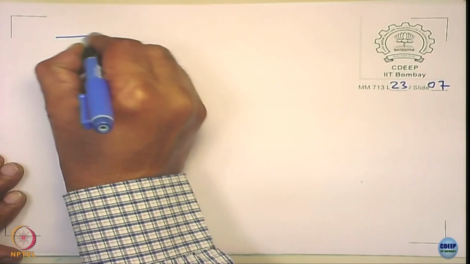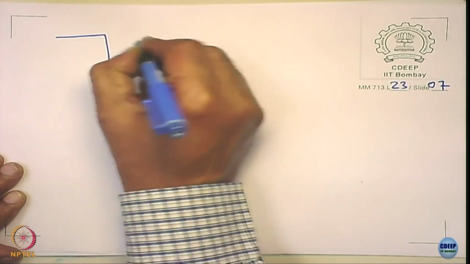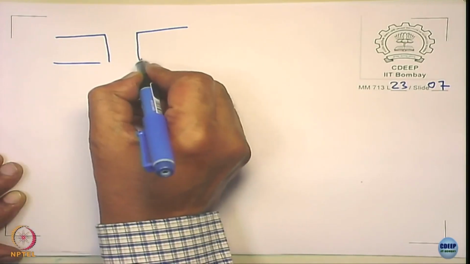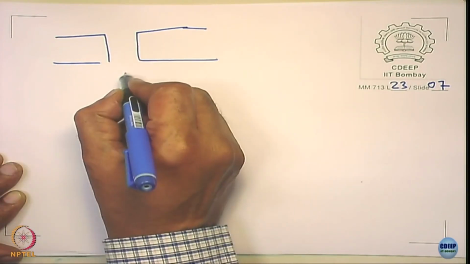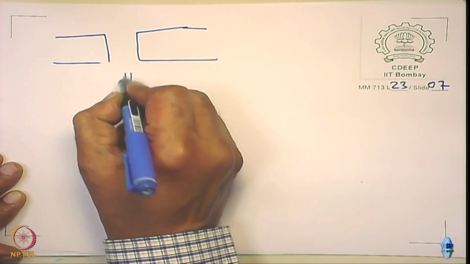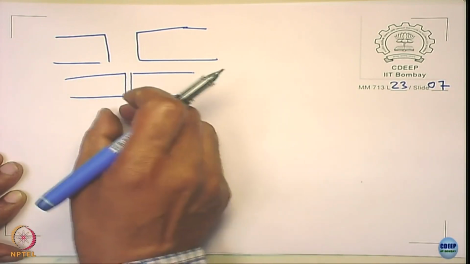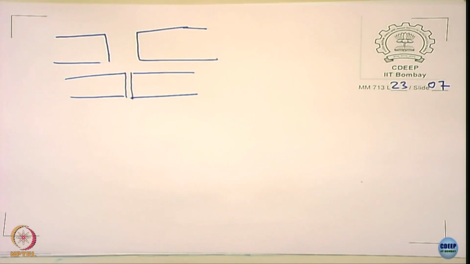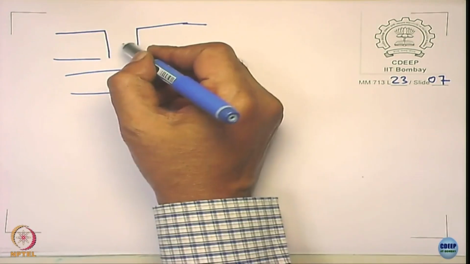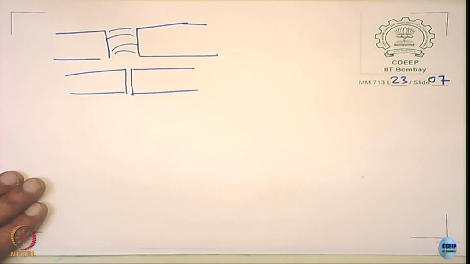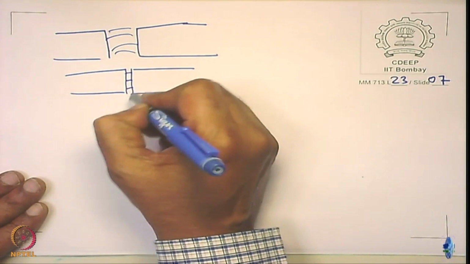Suppose I have a weld, somebody welds like this sheet, somebody welds like this. This is called narrow gap welding, kind of thing. Somebody welds like this. The heat input required to fill here, because you are going to deposit a large amount of molten metal here, and a small amount of molten metal here.